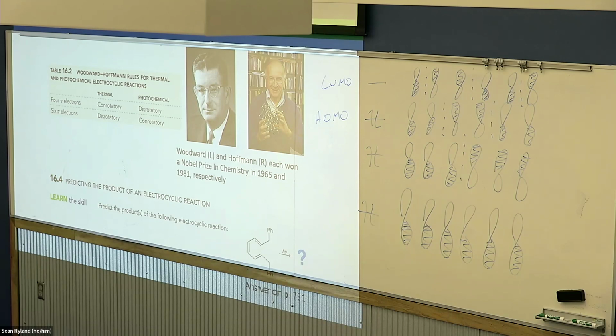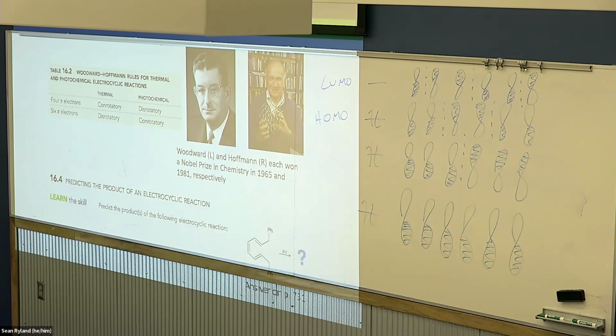If you have an even number, you'll notice that it kind of alternates back and forth, right? If you have an even number of pi bonds of electron pairs, then it's always going to follow the same rules as 4 pi electrons. 8 pi electrons and 12 pi electrons will all have the same general rules, because it's just going to flip-flop and alternate back and forth.